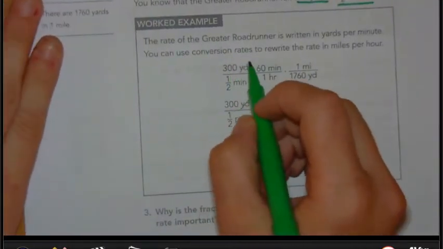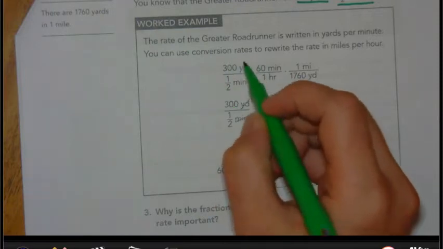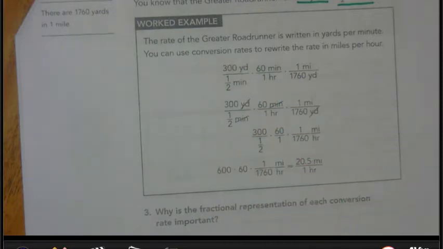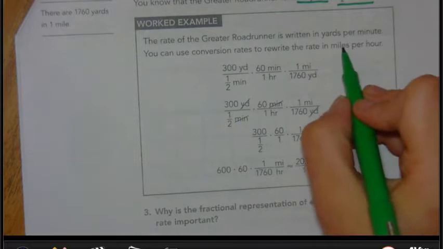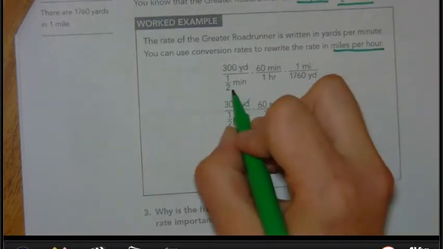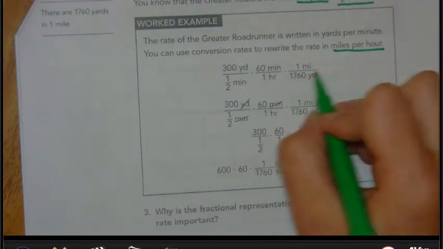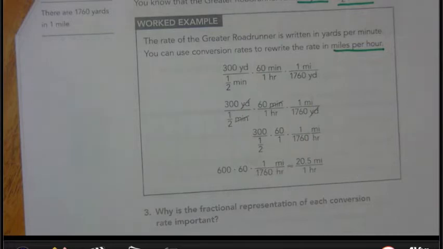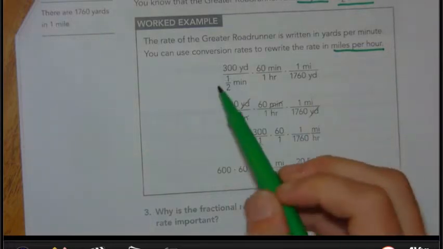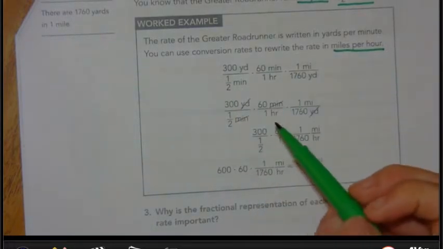So I'm going to start with my original ratio, 300 yards for 1 minute. Okay, I want to know how many miles per hour. So it looks like they went ahead and changed this from 1/2 to 1 hour. Okay, and then I need to change my yards to miles. All right, so we can do this all at once or we can break this down here.